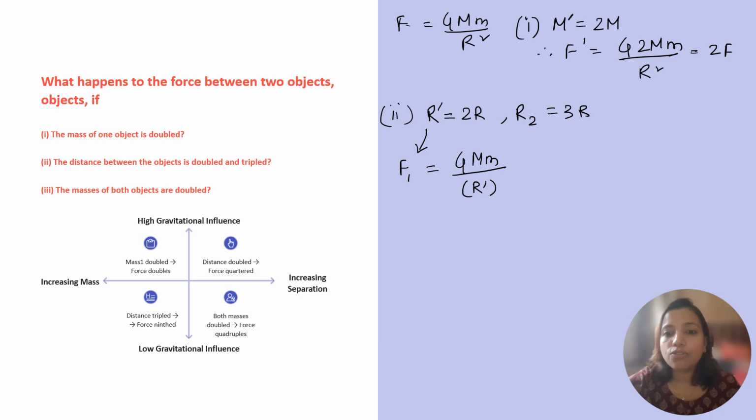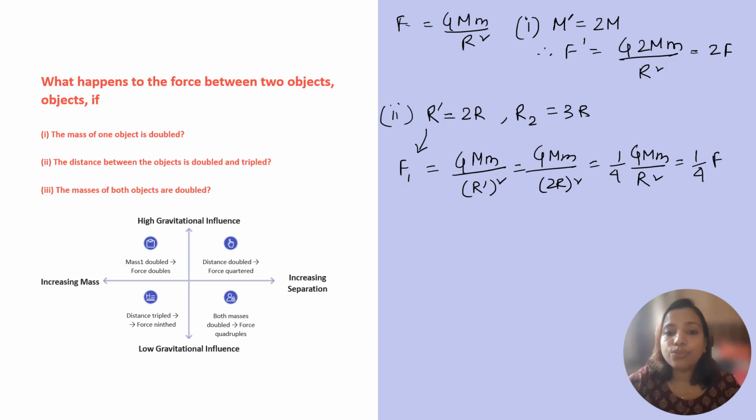So the value would be G M m by (2r) square, which is 1 by 4 of G M m by r square. That means the new force F1 would be 1/4 of the previous force F. So when the distance gets doubled, the force becomes 1/4 of the previous one.